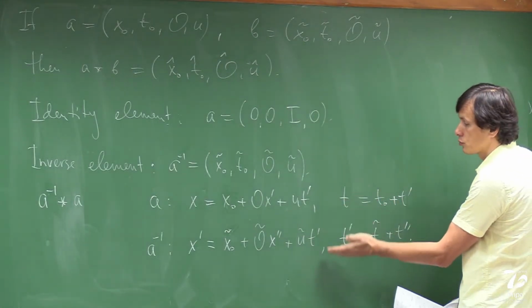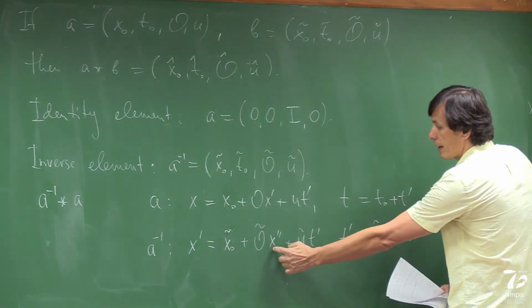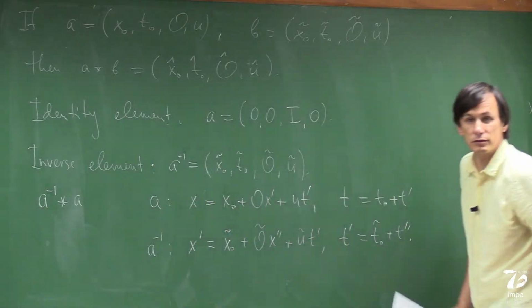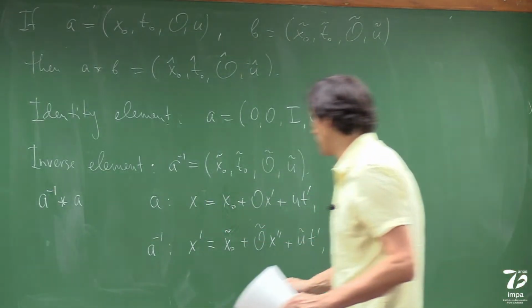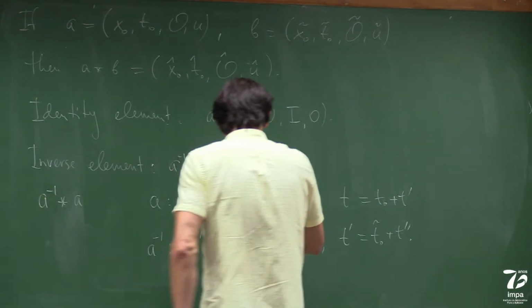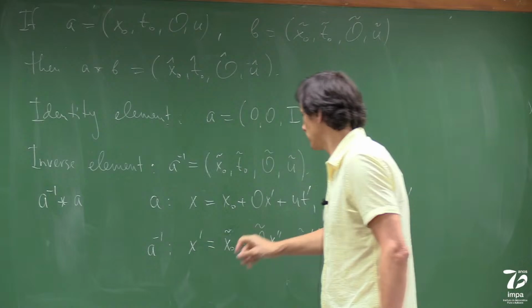And what we should see is that the x double prime and t double prime are just the same coordinates as the previous ones. So just combine them. What we do is we substitute this into the upper one.